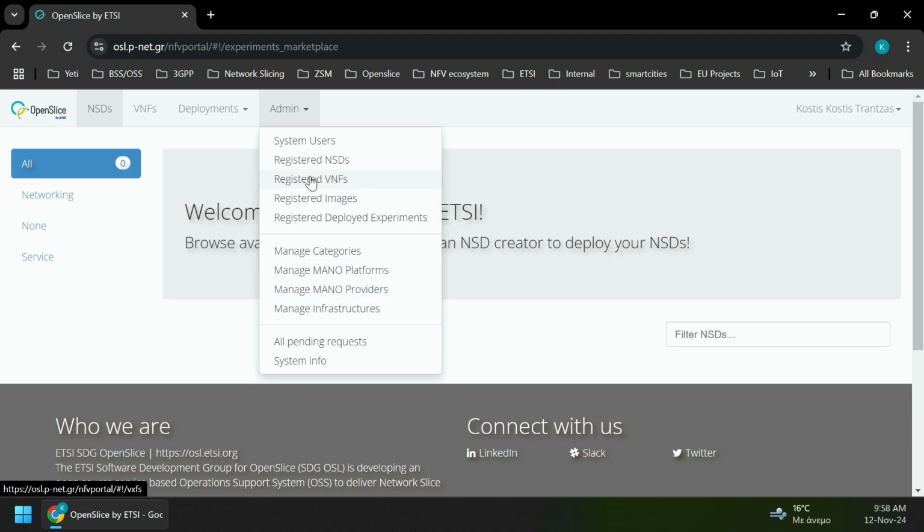When some MANO providers are registered, there is a synchronization mechanism that feeds all the registered VNFs and NSDs towards OpenSlice, and can also provide the list of the virtual infrastructure managers that these MANO solutions incorporate. The registered NSDs from this list are the ones that someone can see when importing NSDs from the service portal.